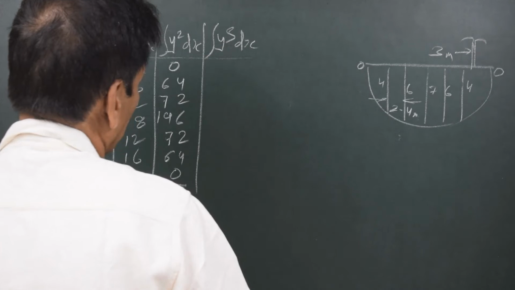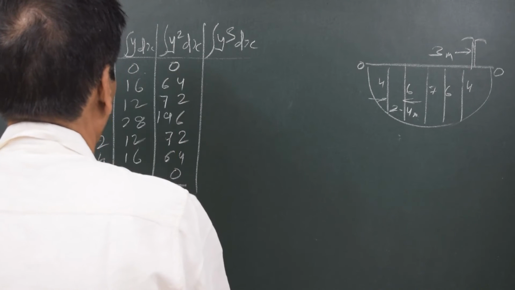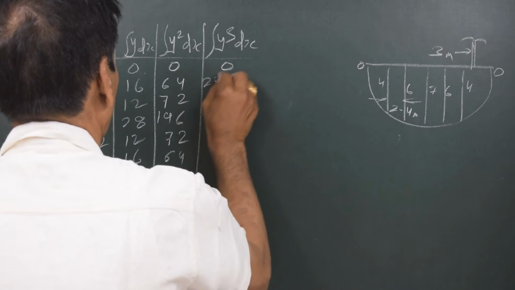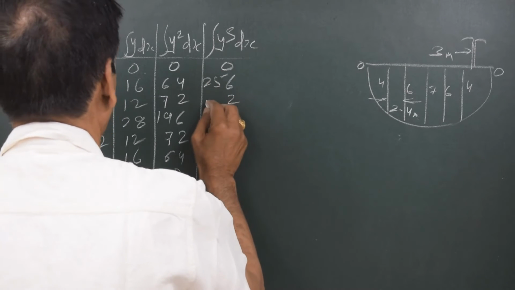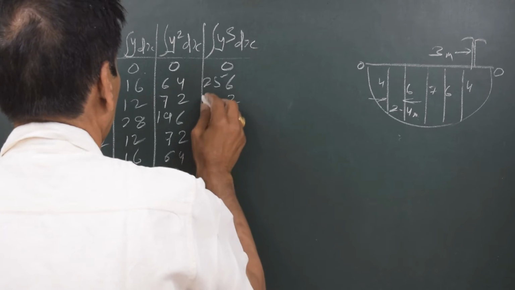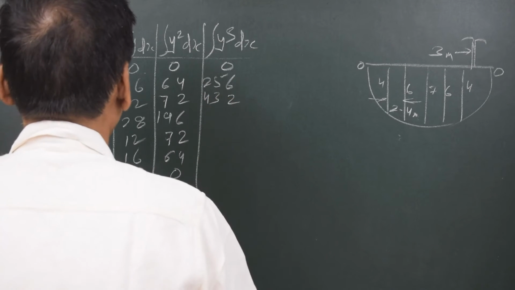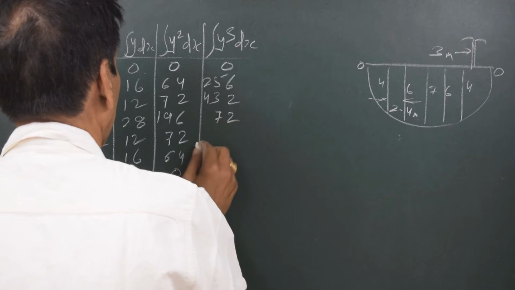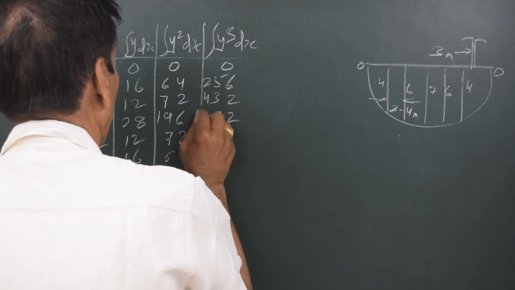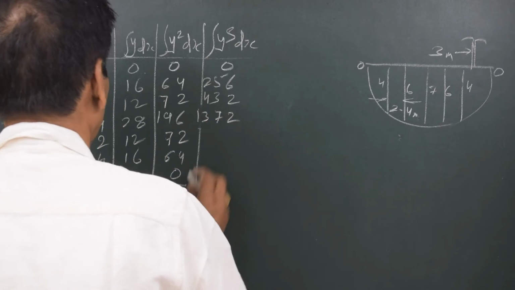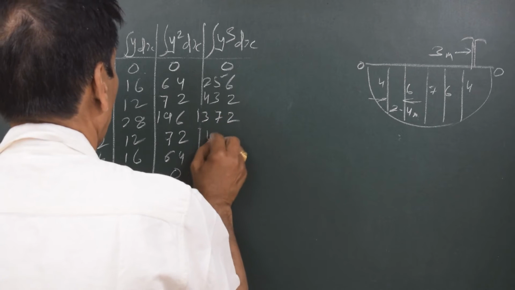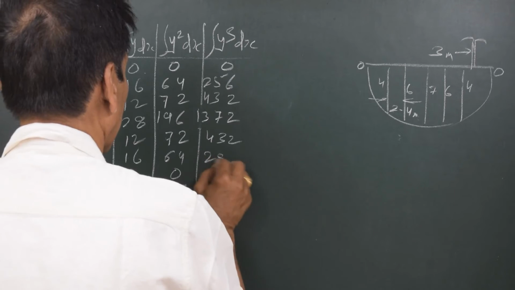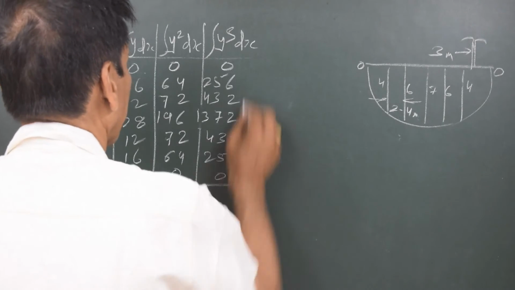Y cube dx is the product of column number 4 and column number 1: 0, 256, 432, 1372, 432, 256, and 0.